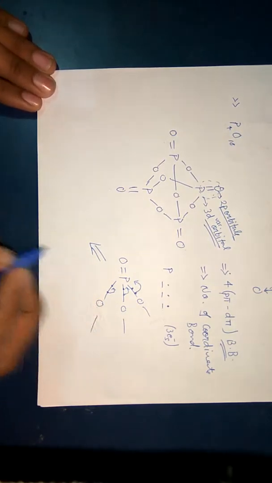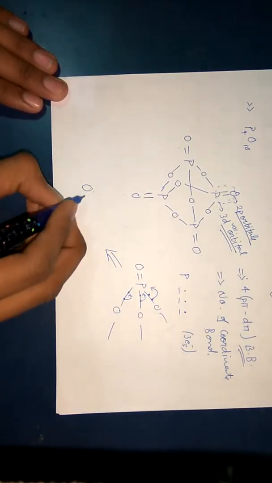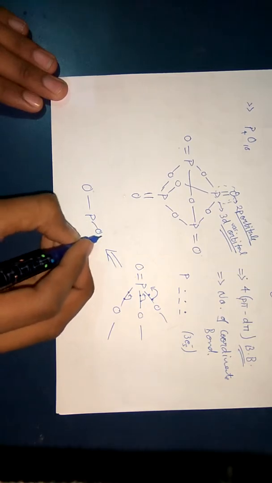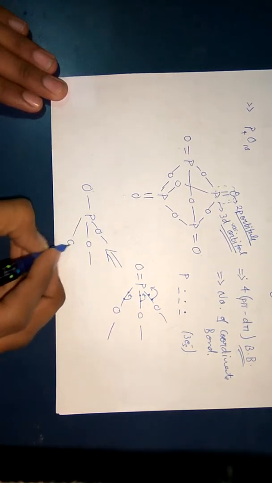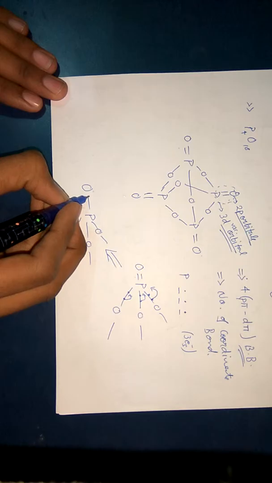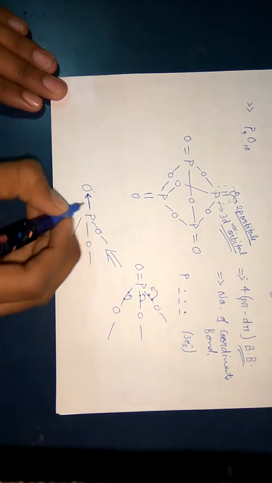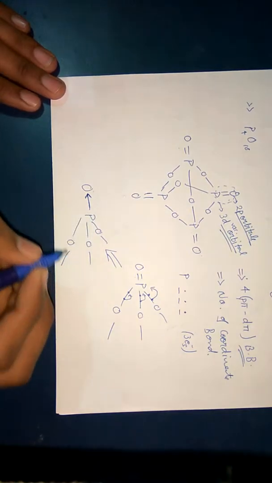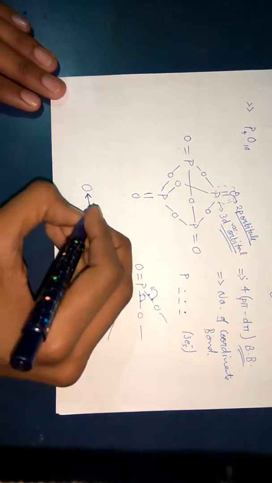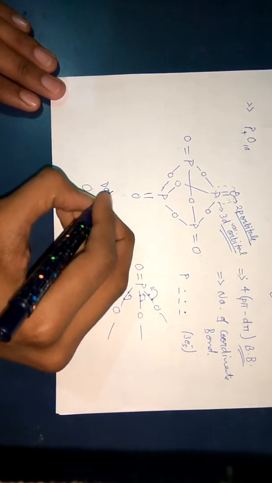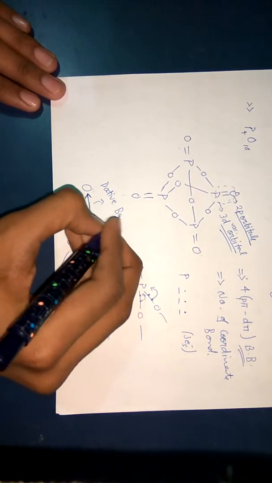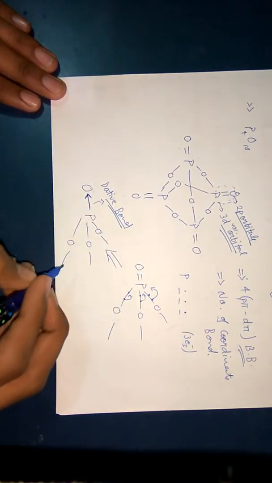As a result, the structure on this side is similar. We will put a new sigma bond, also known as a coordinate bond or dative bond. This is a dative bond or coordinate bond.